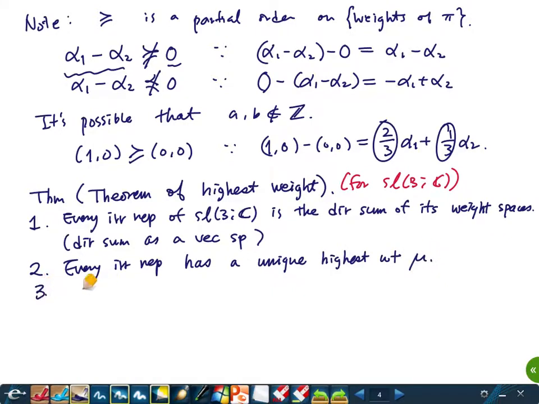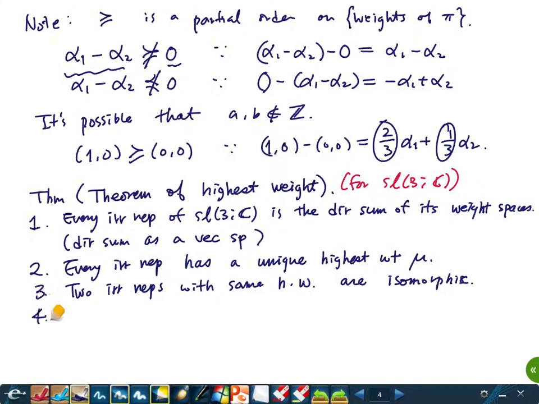Third, two irreducible representations with the same highest weight are isomorphic. In other words, an irreducible representation is determined by its highest weight. Just like irreducible representation for SL2 is determined by its largest eigenvalue.